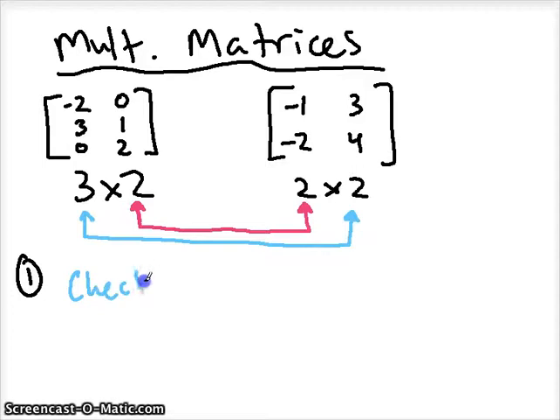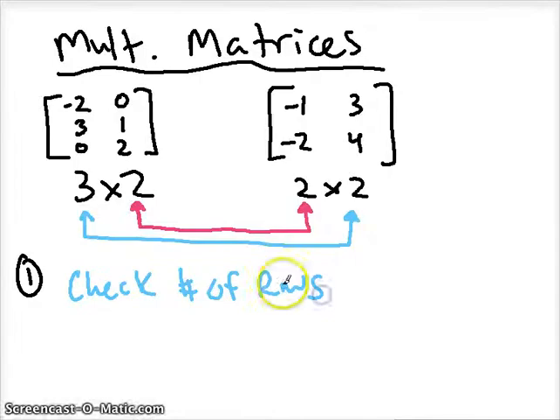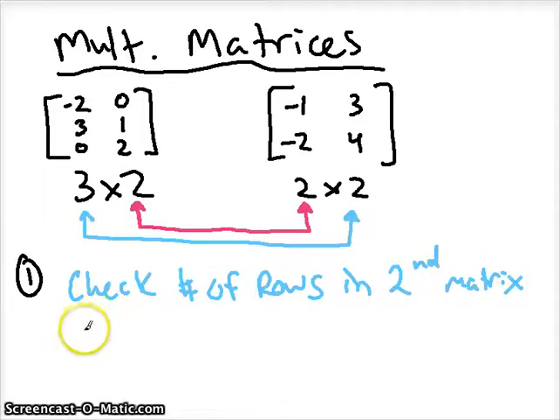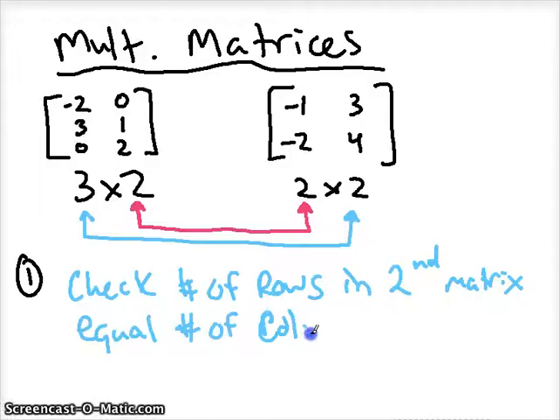So your first step is to check the number of rows in the second matrix, and make sure they're equal to the number of columns in your first. Okay. And then the size will be your leftover numbers. So let's see if it works out.